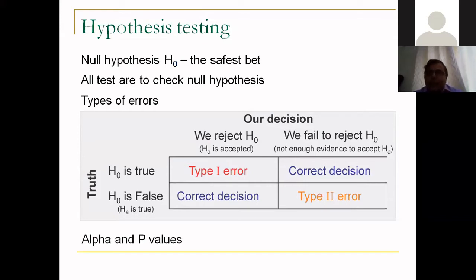If that null hypothesis is true and we fail to reject it, or we accept the null hypothesis in our decision, then we are taking a correct decision. If the null hypothesis is false, that means the two organisms are really different from each other, then if we reject the null hypothesis, again we are making a correct decision.